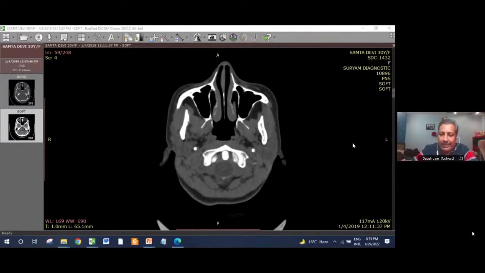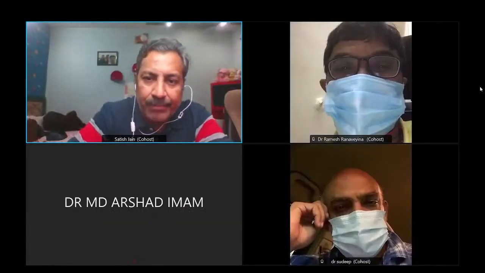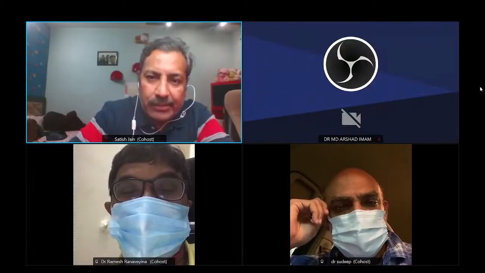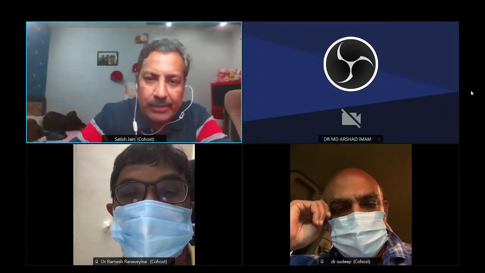So by and large, for mucormycosis particularly, our investigation of choice is MRI, and CT has a very limited role. Sometimes normal signal intensity changes in the bone may be picked up as mucormycosis wrongly. So in mucormycosis, our investigation of choice is MRI with some particular sequences, and it gives amazing details of the involvement of the different parts of the bone. We can take up a next MRI talk sometime and cover mucormycosis completely.